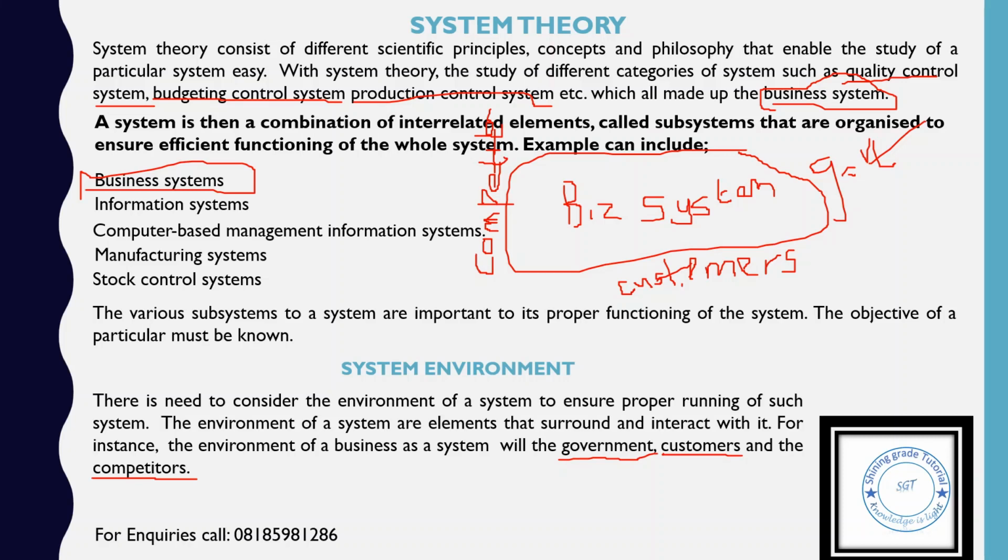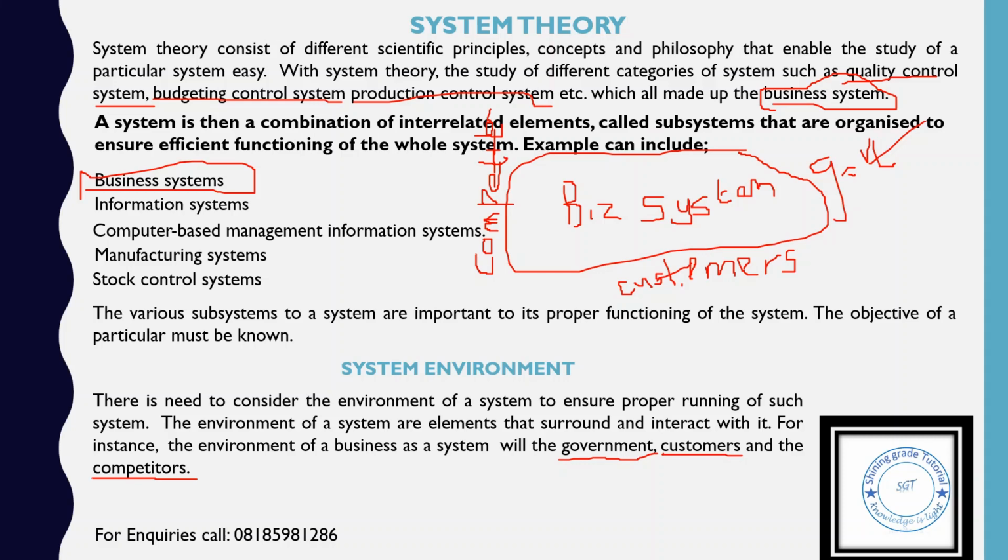For example, there can be scarcity of resources from the environment, resources that will be used in the production department, which serves as a subsystem of this business system. If such resources are not available, that is a limitation that poses a problem. How is the system able to plan and solve that problem? That is key to the proper running and functioning of the system.